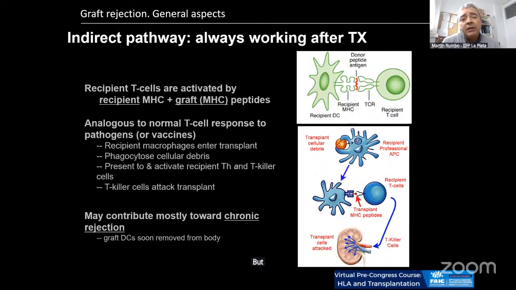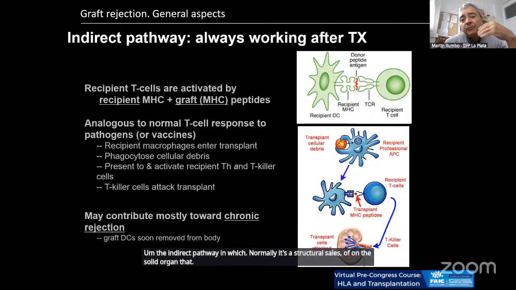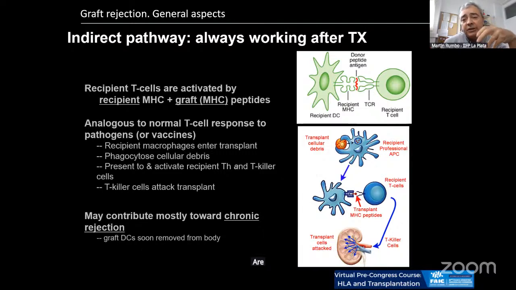But there is also another possibility, the indirect pathway, in which normally structural cells of the solid organ that are of donor origin persist a long time after transplantation.